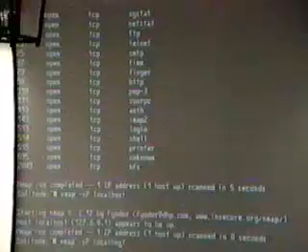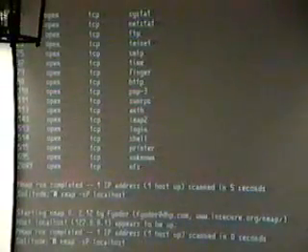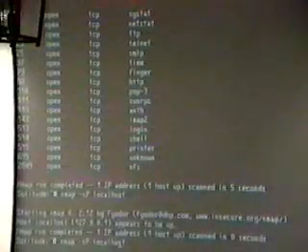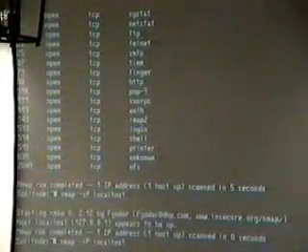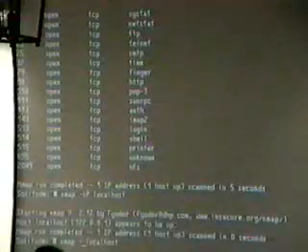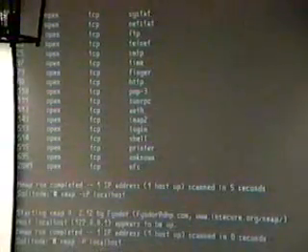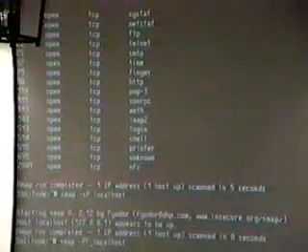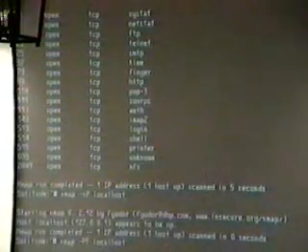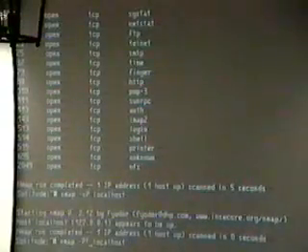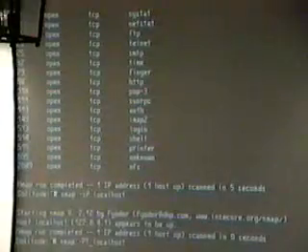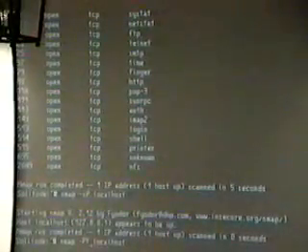Hosts that are up should respond with a reset. To set the destination port, it's nmap -PT and then whatever port you want to scan. The default port is 80, so we'll just leave it at 80.